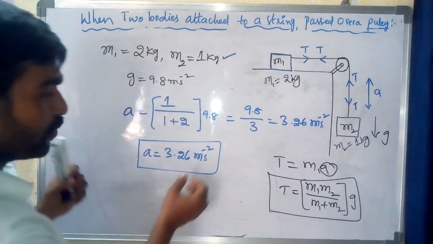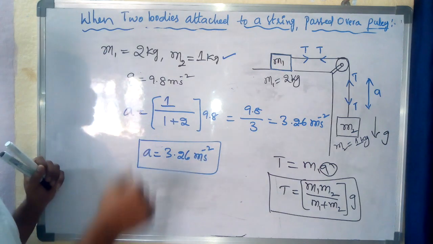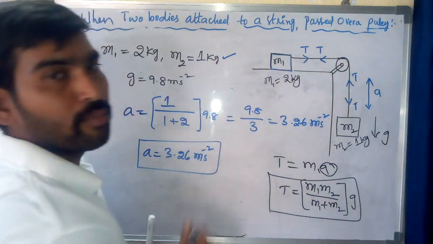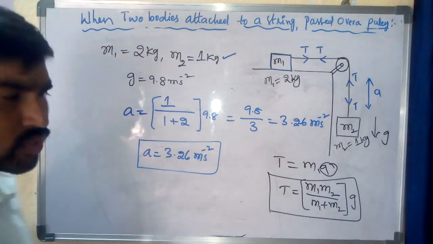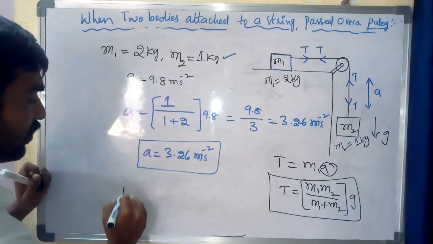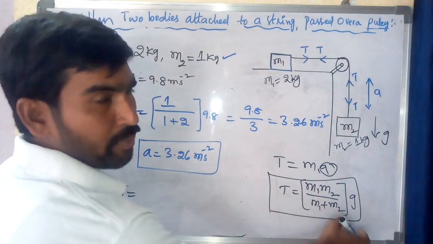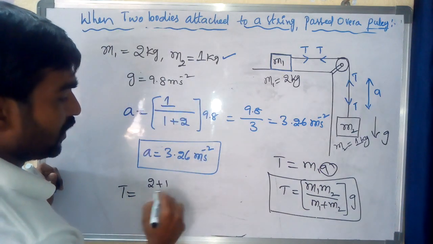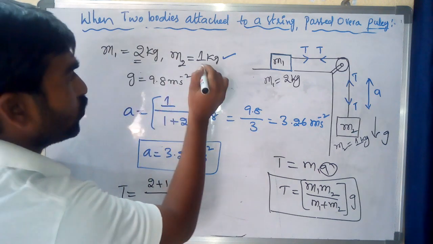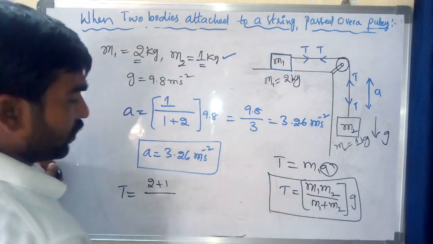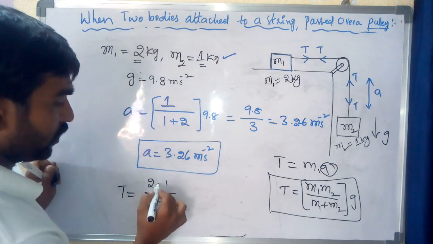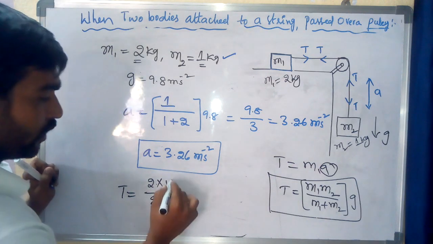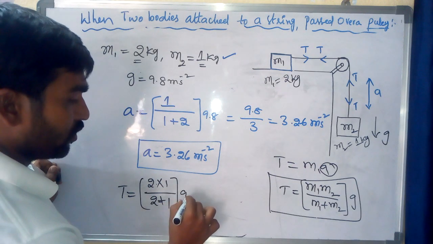So this is for the given bodies. What about the tensional force? We know the formula. T is equal to m1 m2 upon m1 plus m2, into G. Here m1 is 2 and m2 is 1. So 2 into 1 upon 2 plus 1, into 9.8. Here 2 into 1 is 2, upon 2 plus 1, which is 3.